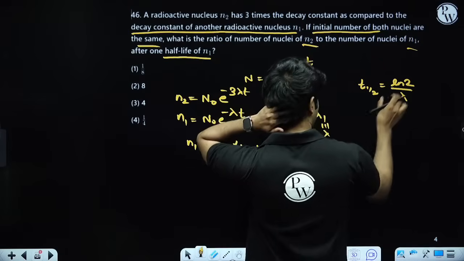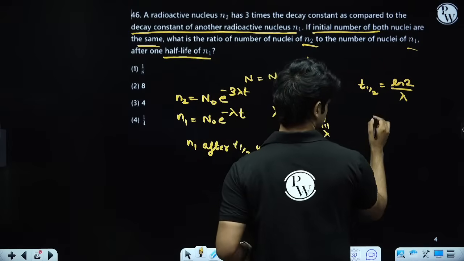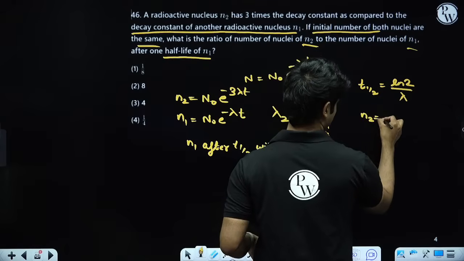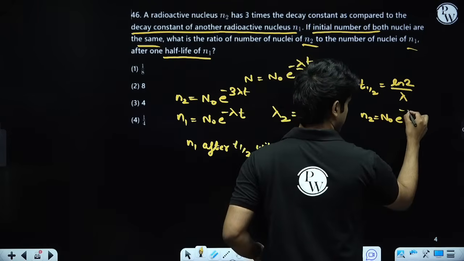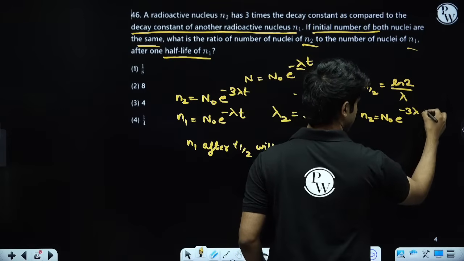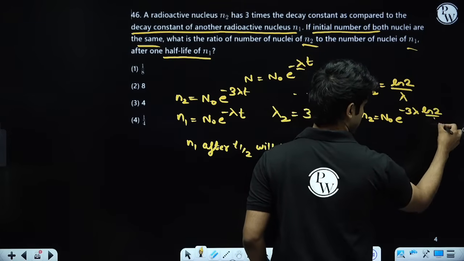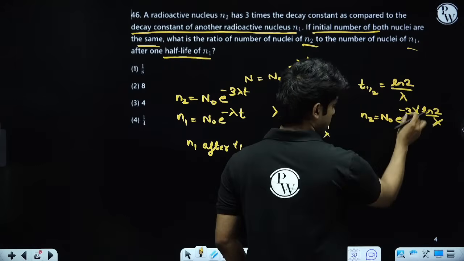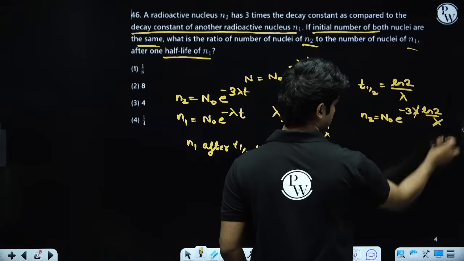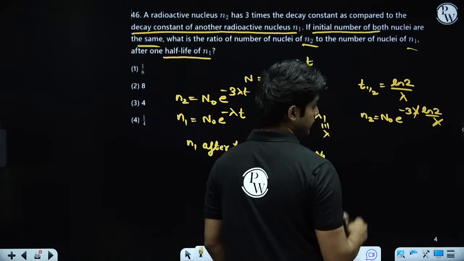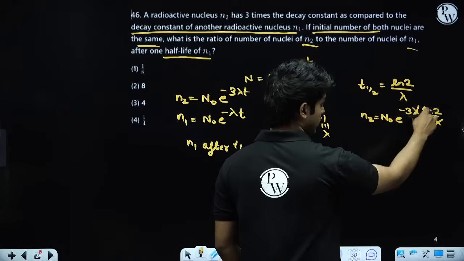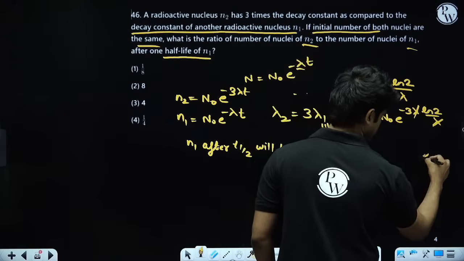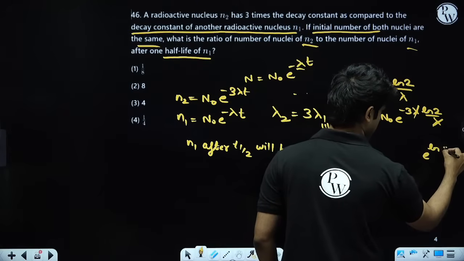Now we'll substitute this time into this equation. So N2's new value will be N0 e to the power minus 3 lambda into T. T is ln2 divided by lambda. Lambda cancels out. Minus 3, we can take it to the power of ln2, so that will be e to the power ln 2 to the power minus 3.